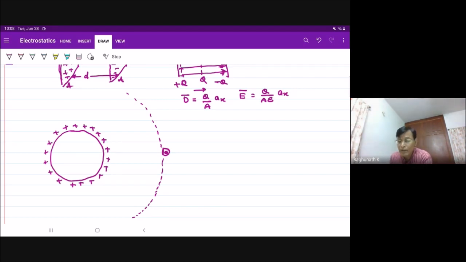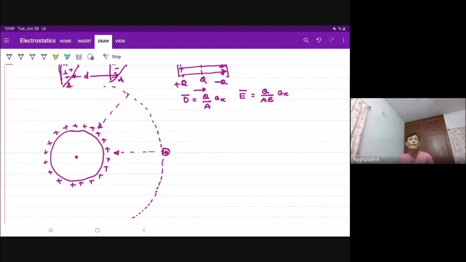At any point on the concentric sphere passing through the point of interest, the field should be the same. Why? Because the way in which the sphere will be visible to this point is the same irrespective of from where you want to see. The way in which the charge is distributed is the same from whichever point on the outer spherical surface you look at the sphere. The distribution of the source appears to be the same, because of which there should be the same field everywhere.